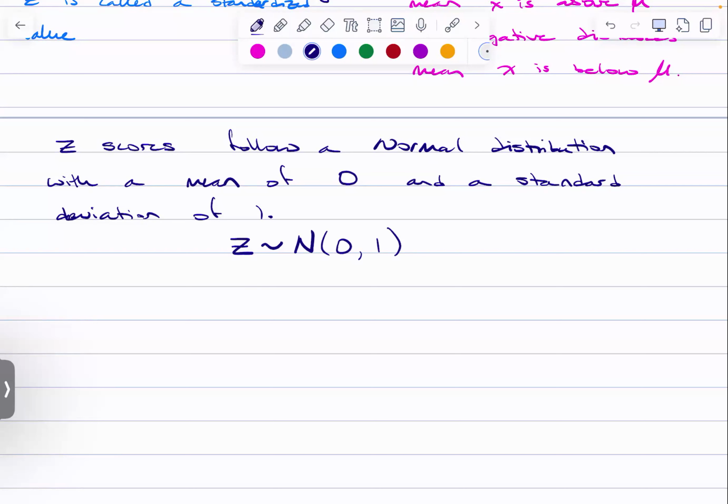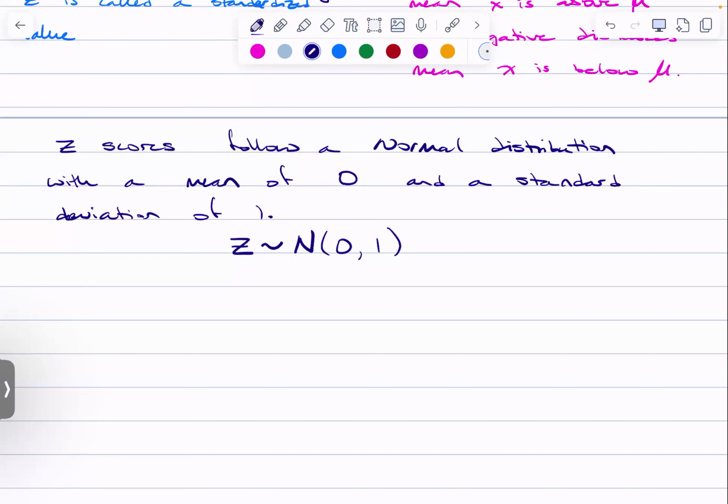This is really the distribution that we're going to use to calculate probabilities. If you're using Excel, you don't actually need to calculate the Z. It just makes it a lot easier because otherwise you'd have to do all that calculus for every single distribution that you encounter.